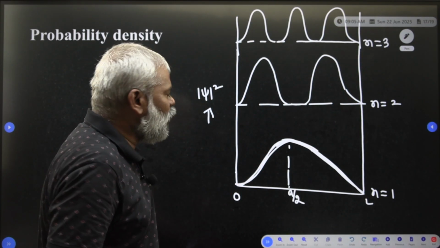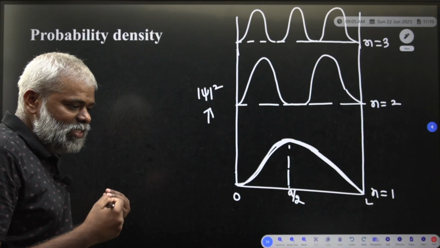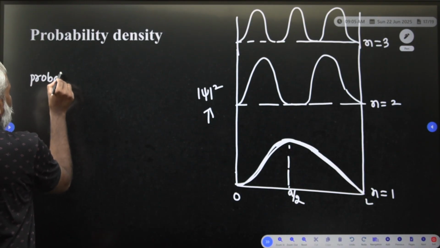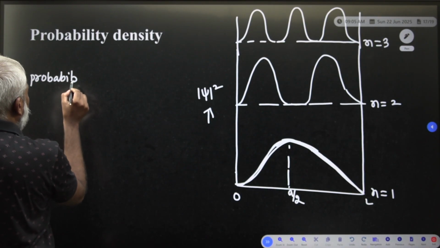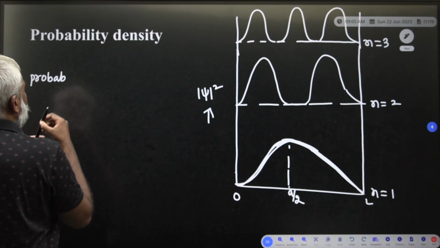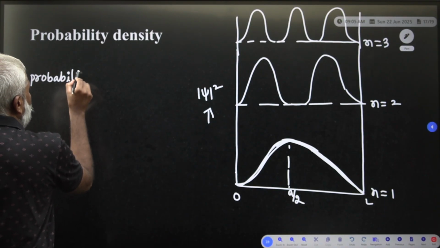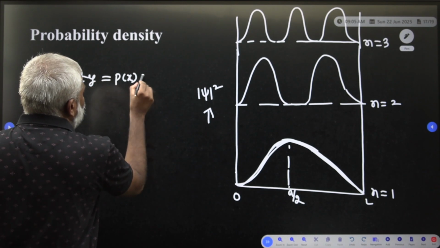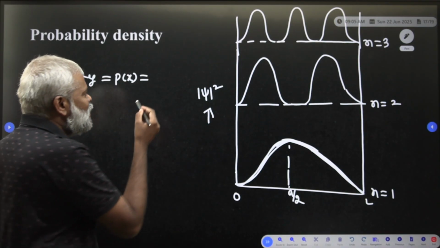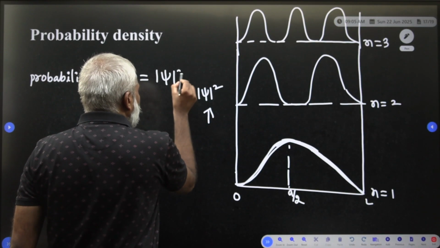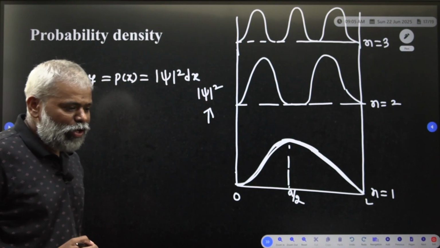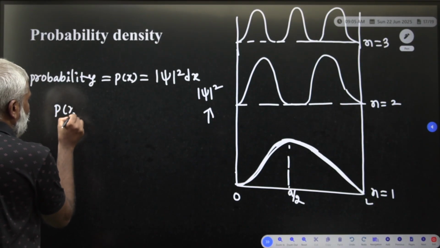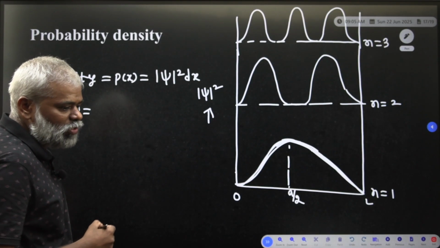How do we get this? What is the formula for the probability? The probability P of x is equal to modulus of psi square into dx.